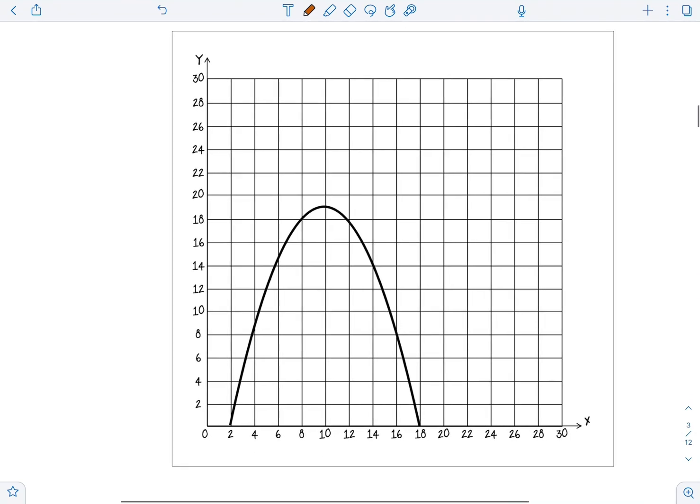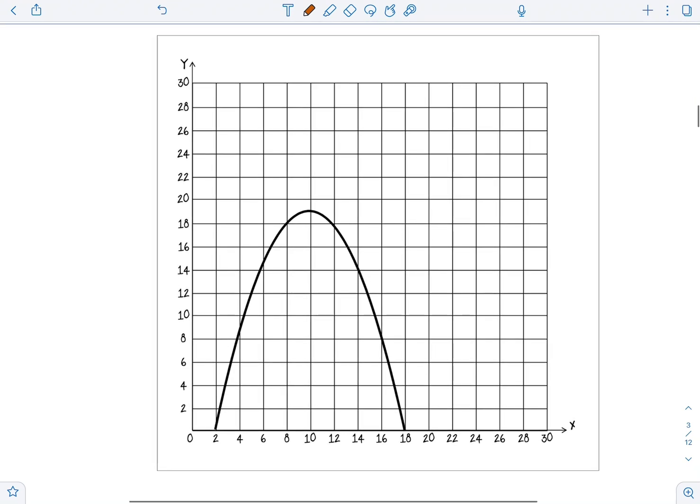So what happens if we have something like this? Notice how we do not see arrows at the end. What does that mean? Our domain is not all real numbers here. But whenever we see arrows, we do know that our domain would be all real numbers. So here, for our domain, we have to go between, on our x-axis, 2 and 18.